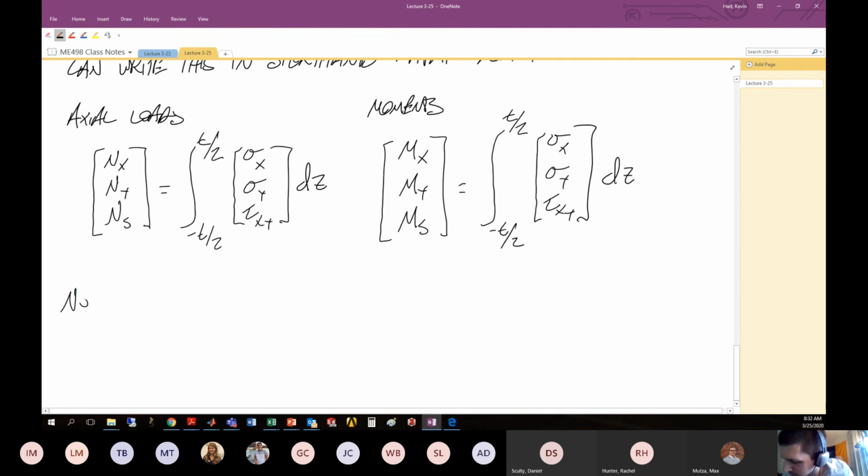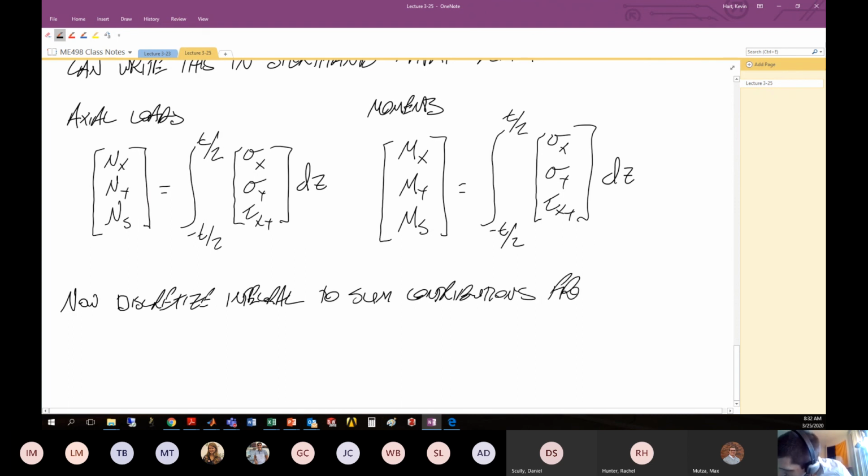So now we will discretize the integral to sum contributions from each layer.